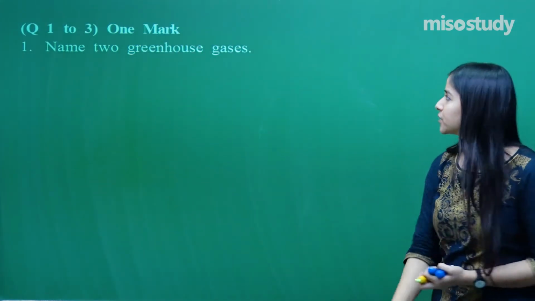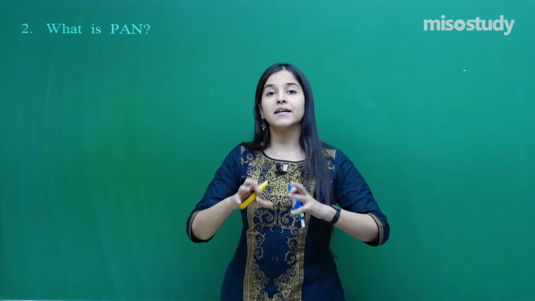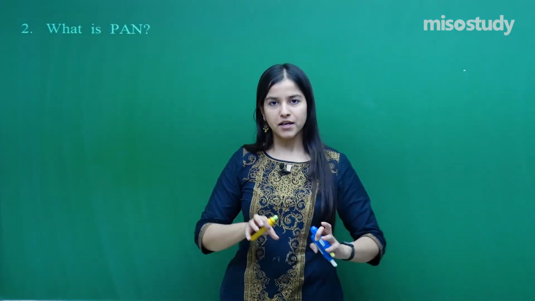The next question says, what is PAN? If this question arises in an annual exam, PAN can be polyacrylonitrile as well, but that will come in your 12th standard, so no need to worry about that.